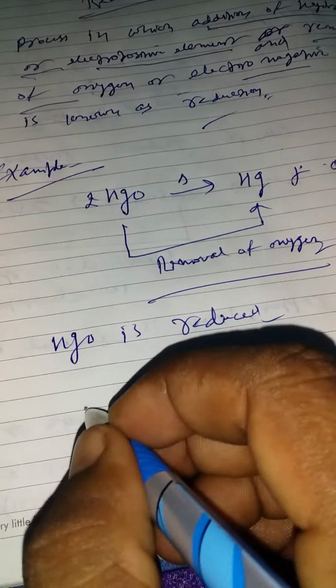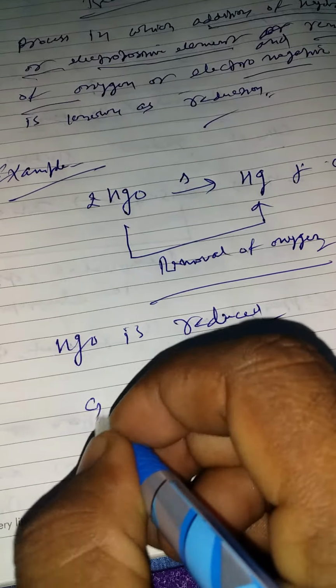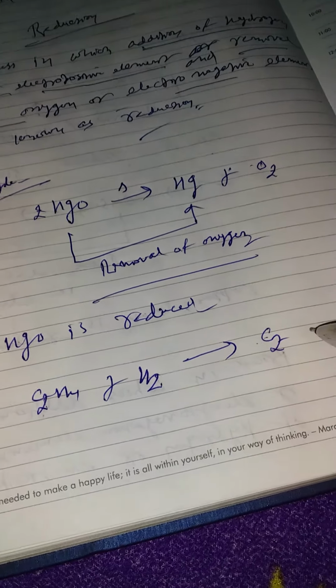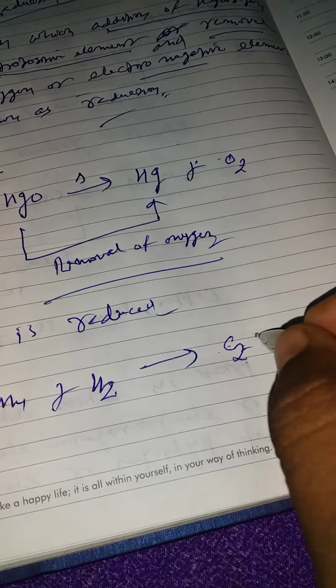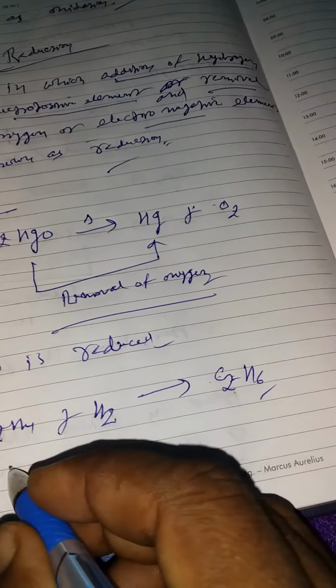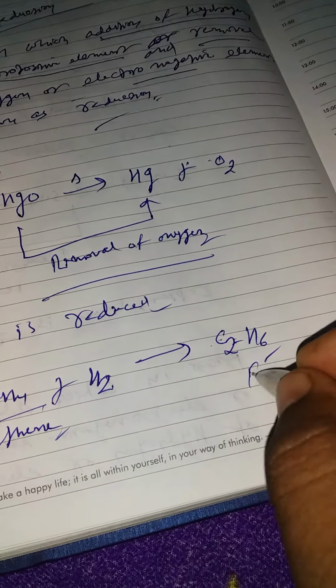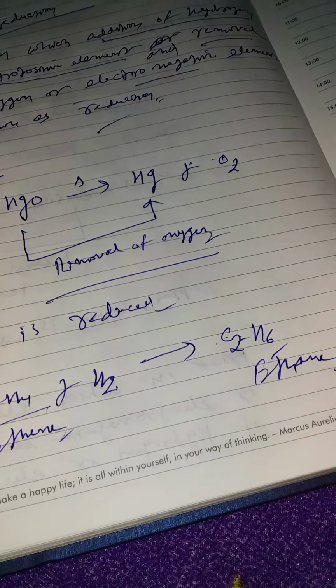Here second example, C2H4 plus H2, hydrogenation of ethene, addition of hydrogen in ethene converts it into ethane.